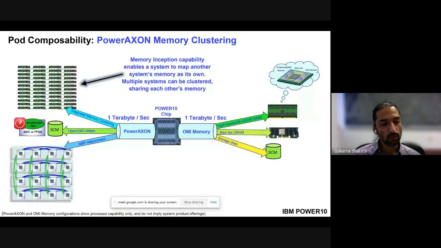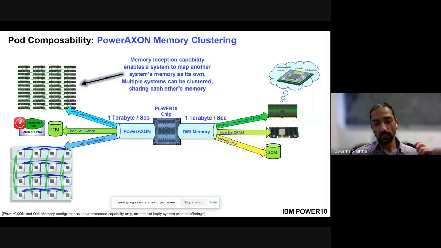If you look at the top left part, there is a way to cluster memory. The PowerAXON memory clustering works like this. Basically there is a capability that enables a system to map another system's memory as its own.